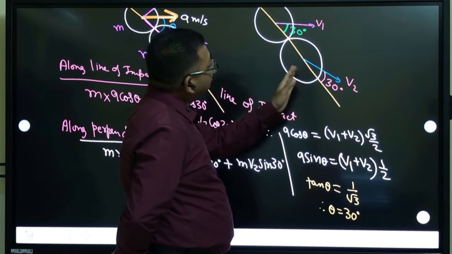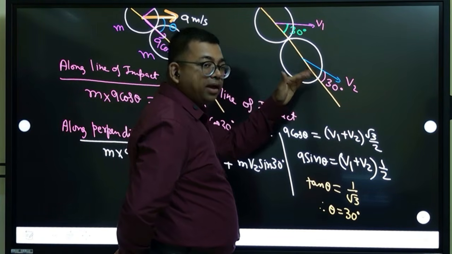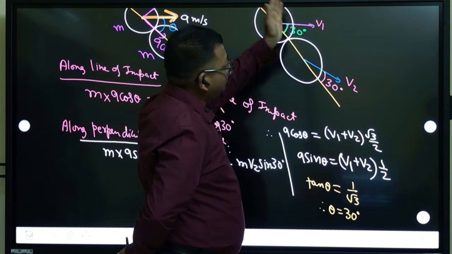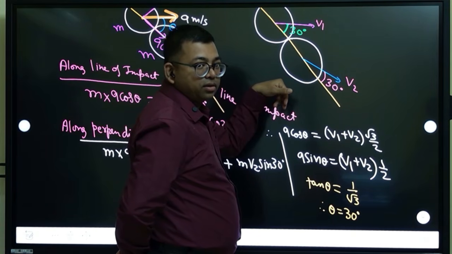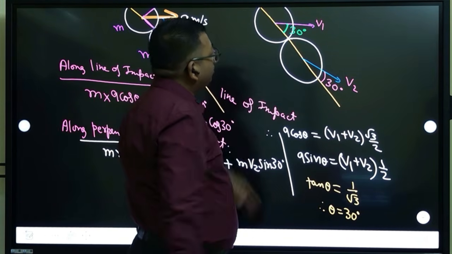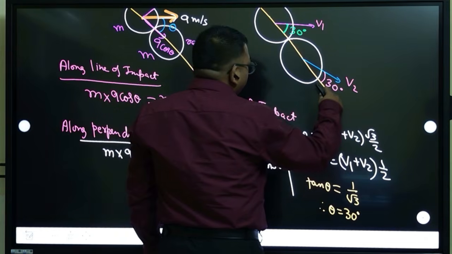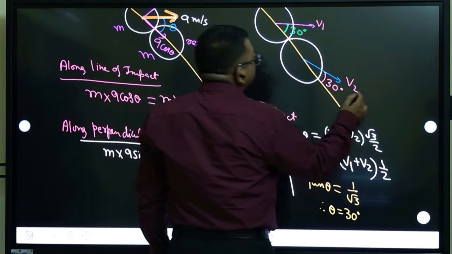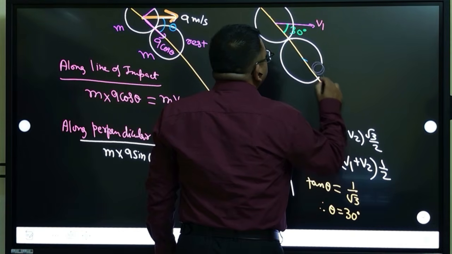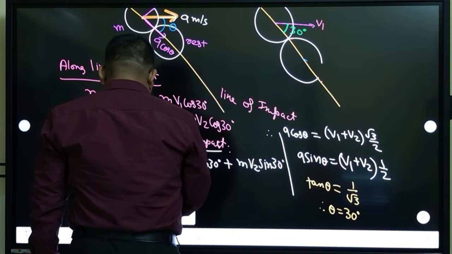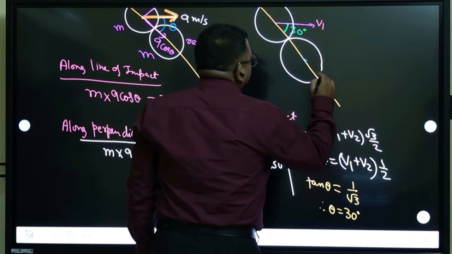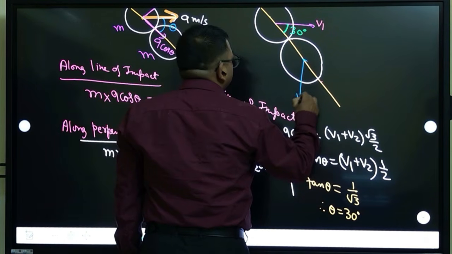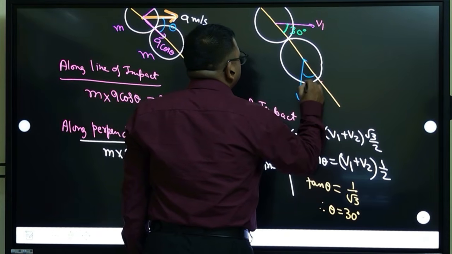Maybe this angle 30 degree may be from this side, because they may have angle 30 degree from the same direction or opposite. One is this way and another is this way. It is possible. So if this is 30 degree this way, and suppose I change this 30 degree to this side, then what will happen? Suppose I consider this velocity V2 this way, this angle I take 30 degrees.